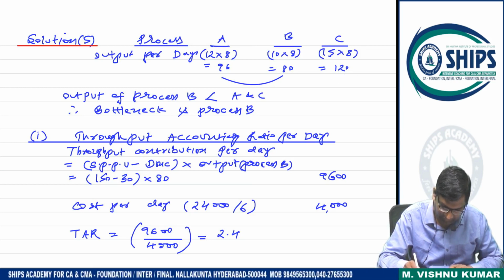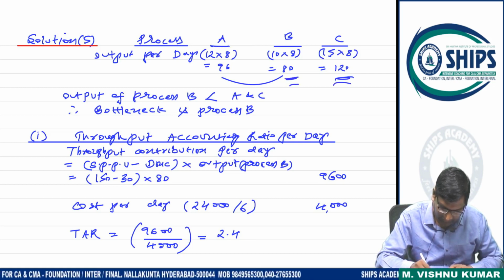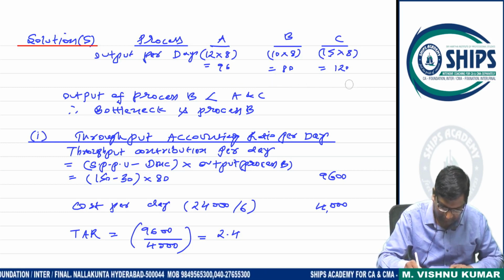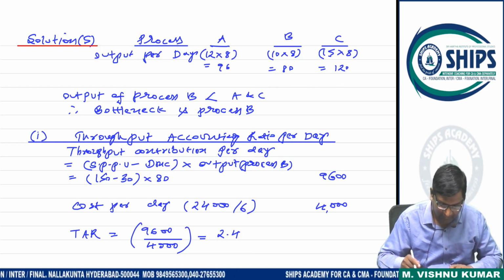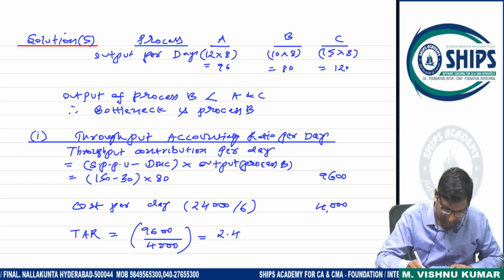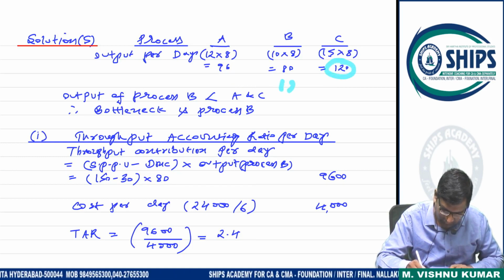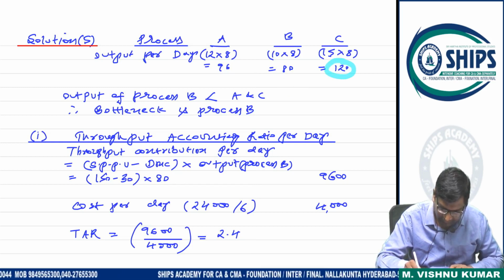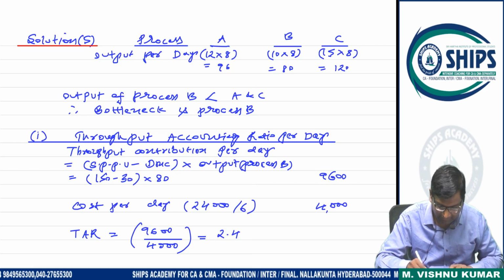If they increase to 120, then these two departments' capacity will be 120, 120, and A department capacity will be 96. So again A will become the bottleneck. Understand? A will be the bottleneck department because its capacity is 96 only.